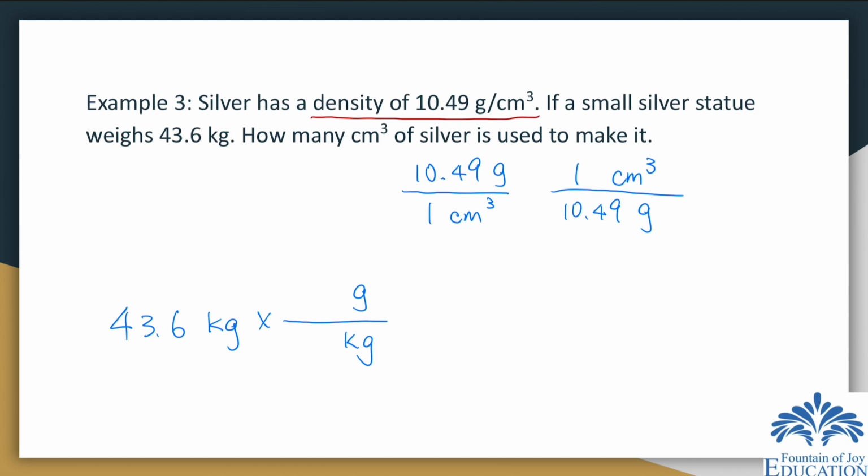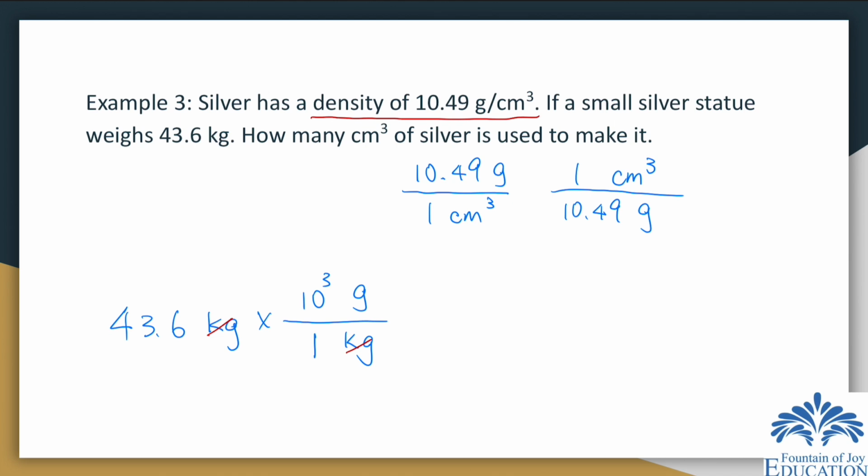And the way to do this is that kilo means 10 to the power of 3, or 1,000. Therefore, we can rewrite 1 kilogram as 10 to the power of 3 gram. When we do this, we can eliminate the unit kilogram and convert that into gram.